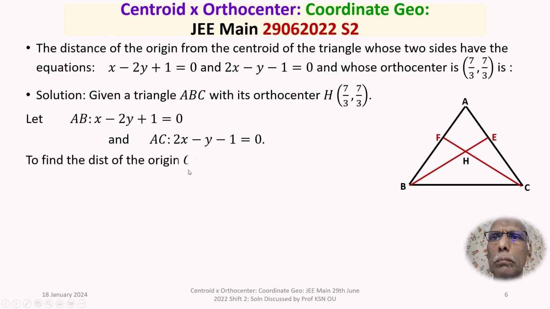Now, what is wanted? We are required to find the distance of the origin O from the centroid G of this triangle.